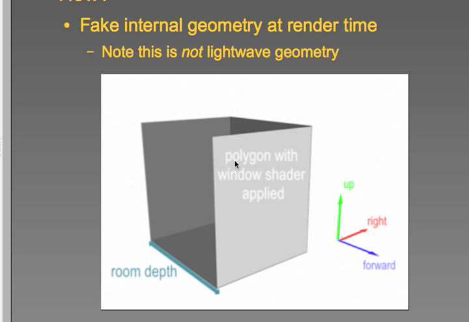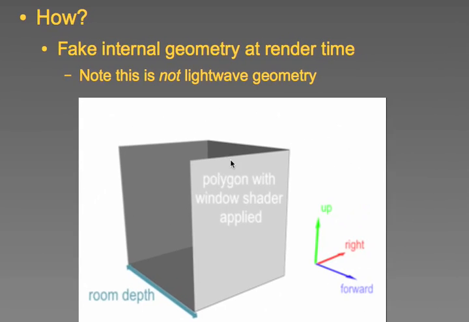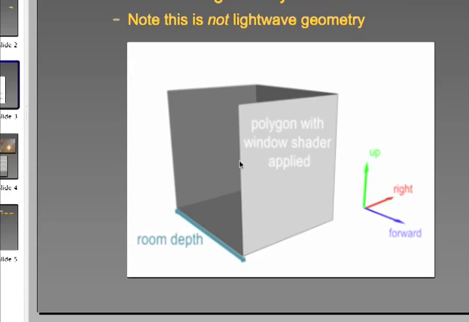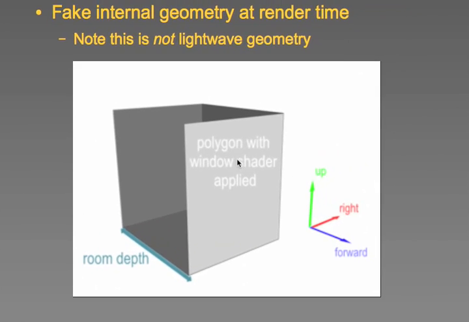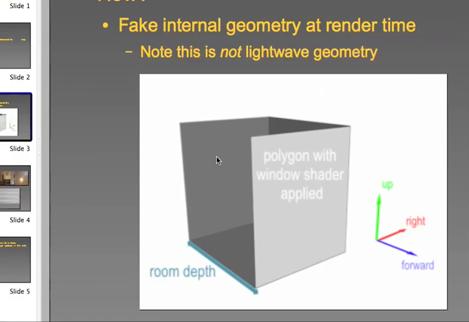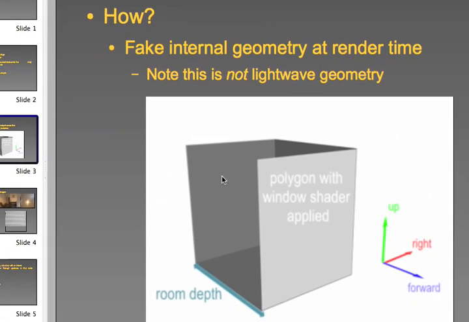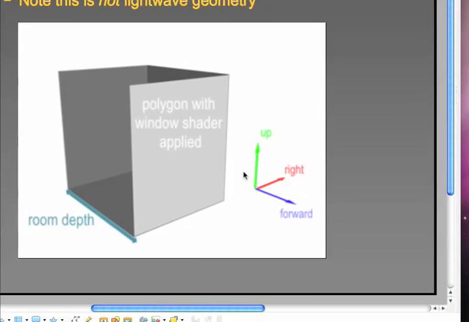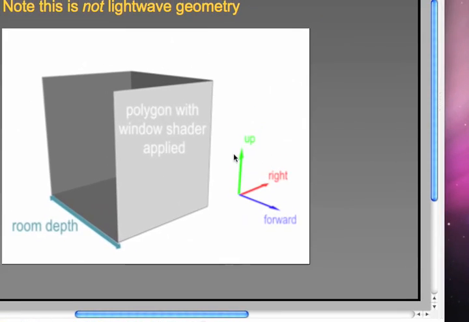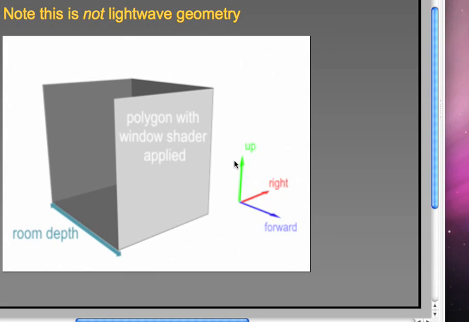You set your room depth, it looks at the polygon, and then it will extrude backwards to create this pseudo room based on an orthogonal set of axes.